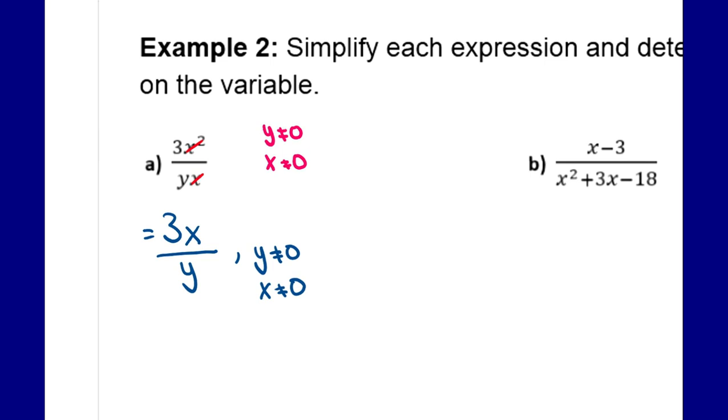However, my actual expression has the x in the denominator as well. So as we simplify and look at more and more complex examples, we want to make sure that we are keeping track of our restrictions as we go through the simplification process. So in pink will be the ones that we're looking at as we go through, and then at the end we'll restate all of the restrictions.